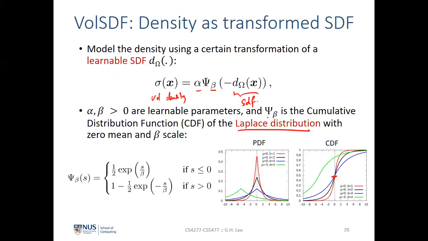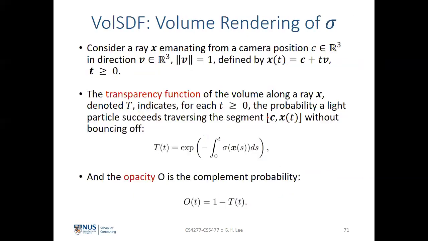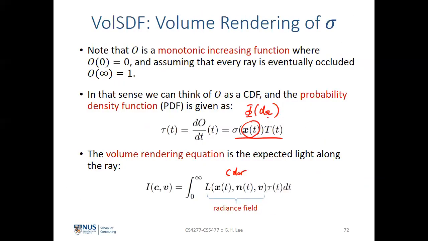If you look at this term, sigma is a function of SDF and a point, and you plug it in here. So now your volume density becomes a function of your SDF, and everything can be learned based on the SDF. What it means is that you transform your SDF into the volume density, and you can do volume rendering to render it back onto the image for supervision.